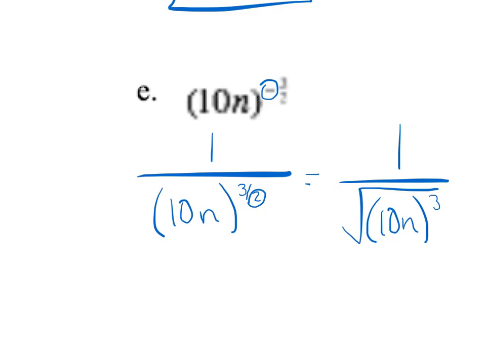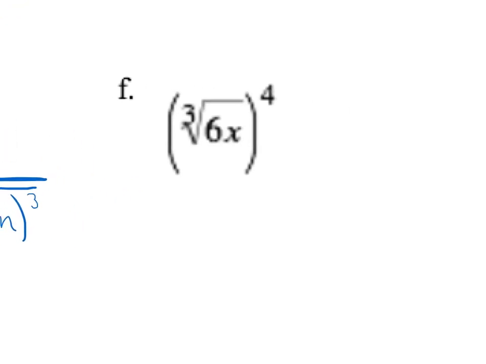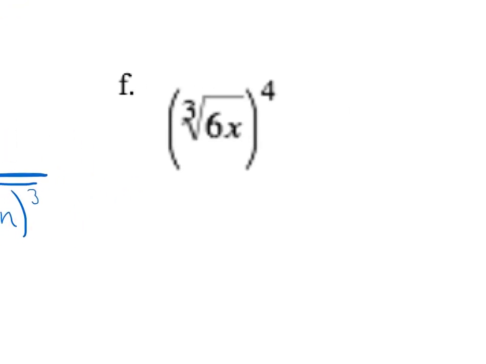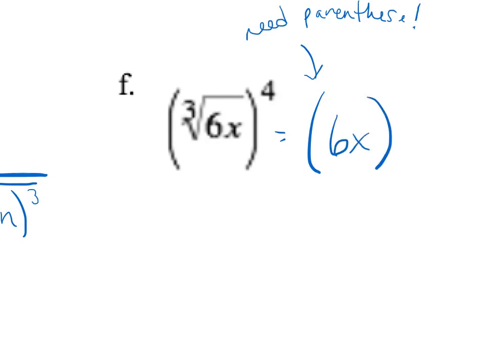Again, you can simplify that if you want, but you don't need to. Okay, this one, you need the parentheses here. Okay, 6x to the power of 4 thirds. 3 comes from here, 4 comes from here.